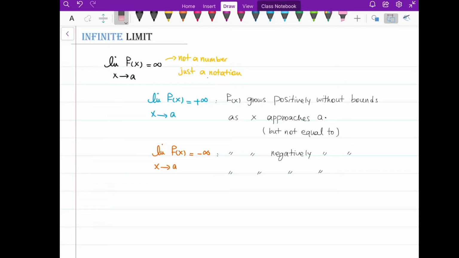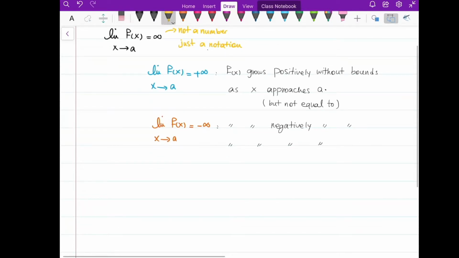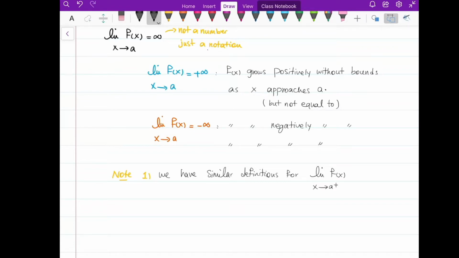Okay, then let me give you a note. The first note is that we have similar definitions for this situation, where we have the limit of f of x as x goes to a from the right.